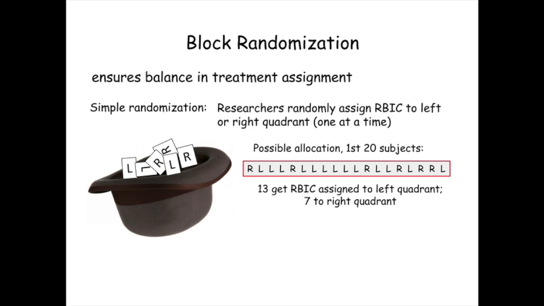The problem with this method is that right or left is equally likely each time, so that it is very possible to end up with a lopsided assignment. As an example, the rubber bristle device could have been assigned to the left quadrant for 13 of the first 20 subjects, putting the 2 quadrants out of balance.